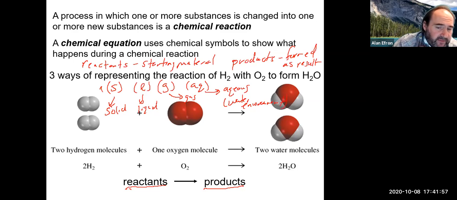Now, very often people are a little confused about the difference between something that is L and something that is AQ. If something is L, or a pure liquid, it is basically just one substance that's present. For example, water by itself is a pure liquid.